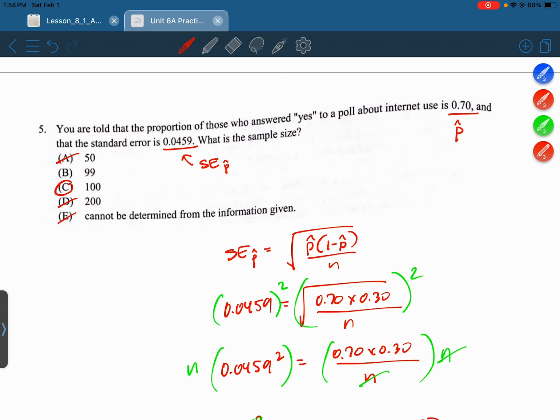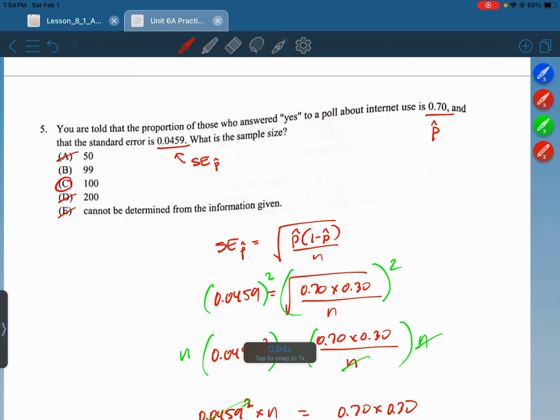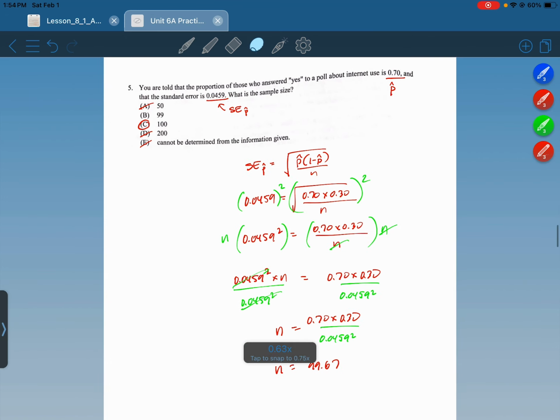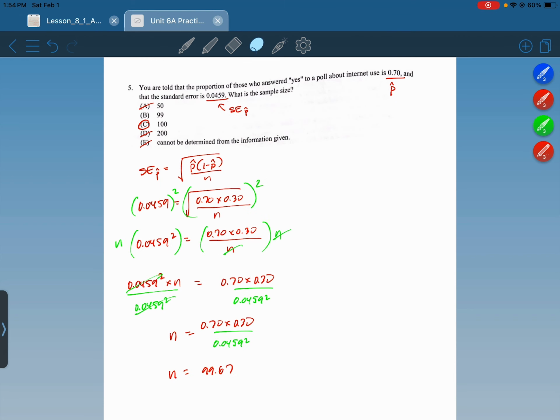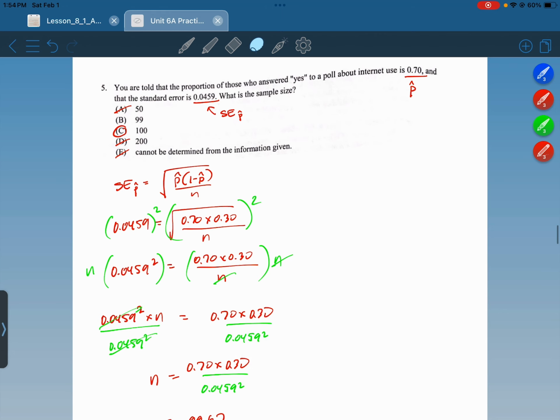Okay, now I'm wondering what would happen if we just do the square root of 0.7 times 0.3 over 99 and the square root of 0.7 times 0.3 over 100. Okay, so I'm curious what we would get if we did that.